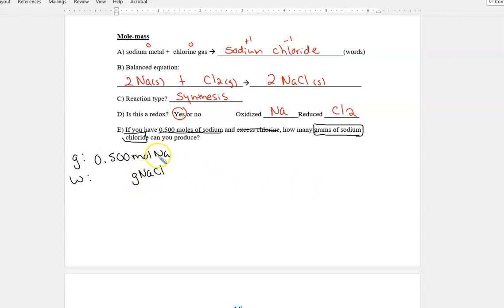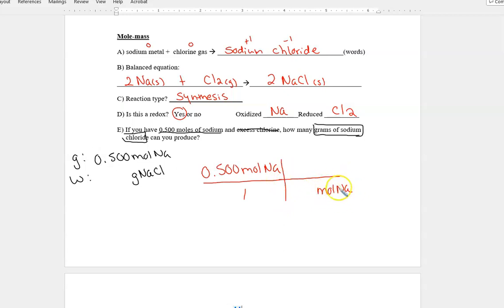We're doing stoichiometry because we're starting with one thing and going to something different. So we're going to start out with 0.500 moles of sodium. I'm going to bring moles of sodium down.